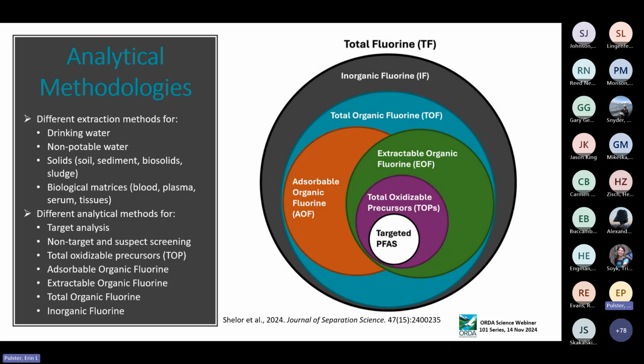The non-targeted is sort of like suspect screening, where we're looking for these fluorinated compounds but don't have standards to accurately quantify them. So determining which of these methods you want, you have to go back to what is your actual question, and will you know what to do with all this data once you get it?